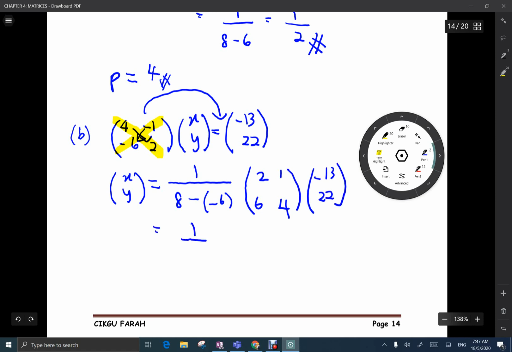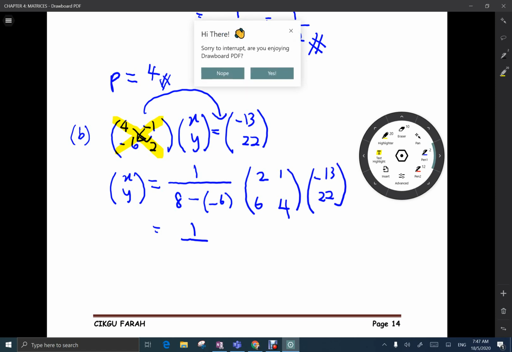So, solve the determinant first. 8 plus 8 minus 6, sorry. What am I calculating? Sorry, there is no negative here. Sorry, 8 minus 6 is 2. Okay, and then you times.